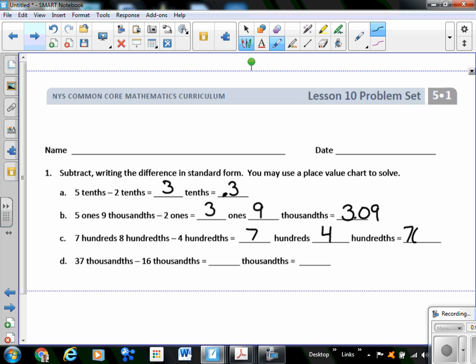So 7/100 and 4/100. Last one we have 37 thousandths minus 16 thousandths. That's going to give us 21 thousandths. Remember we've got tenths, hundredths, thousandths, so 21, put a 0 in there.